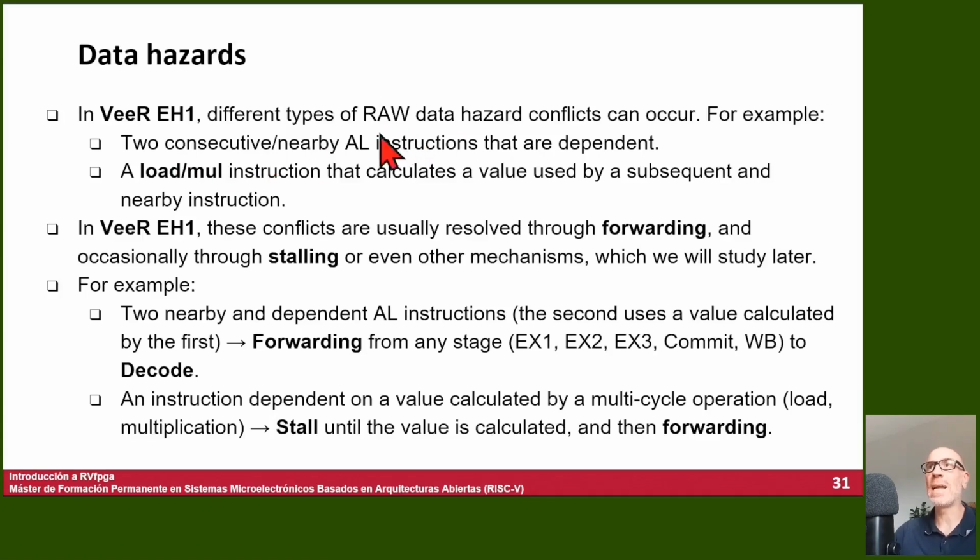For instance, two dependent arithmetic logic instructions create such a hazard, resolved later by forwarding. Or a multi-cycle instruction whose result affects a later instruction may require a processor stall before forwarding. Now, we'll analyze several of these potential situations.